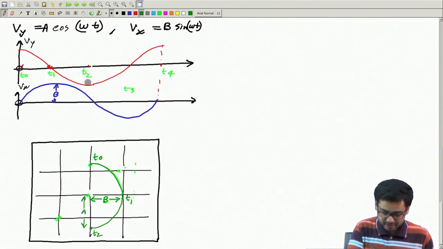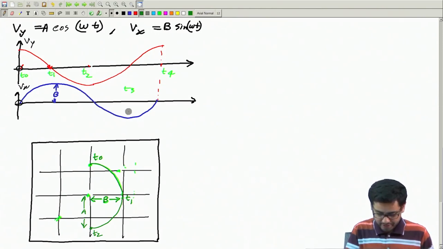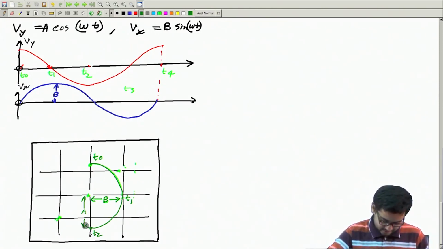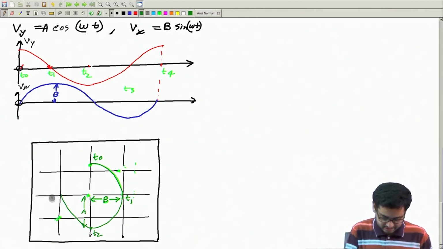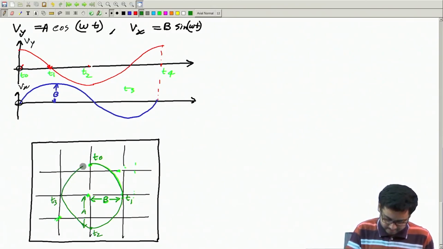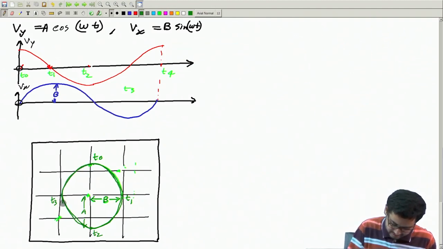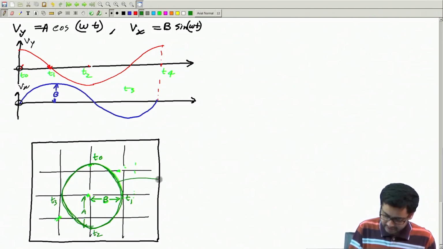After this, y will go back to 0 and x will be more and more negative, so we will move like this. This is the point t3, and after t3, x becomes 0 again and y goes positive. My drawing is not very good, but this will actually look like a perfect ellipse.